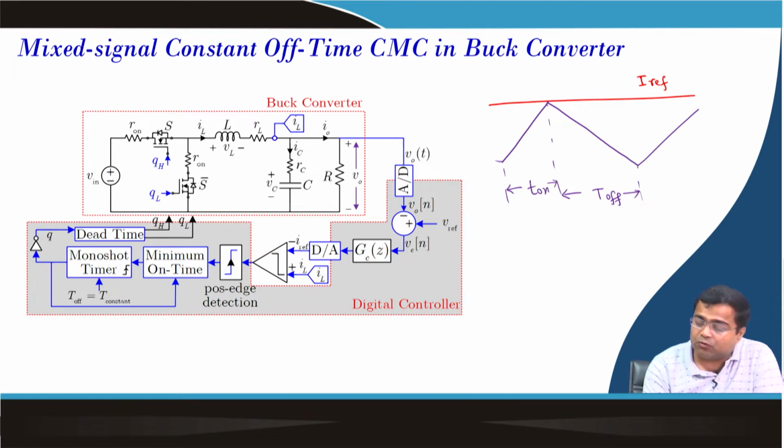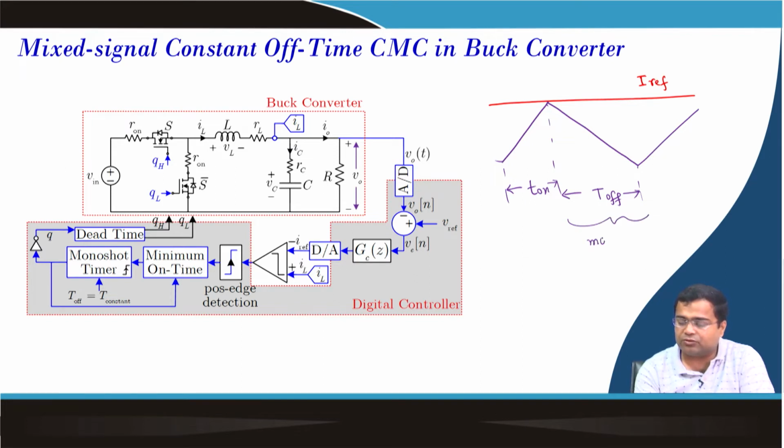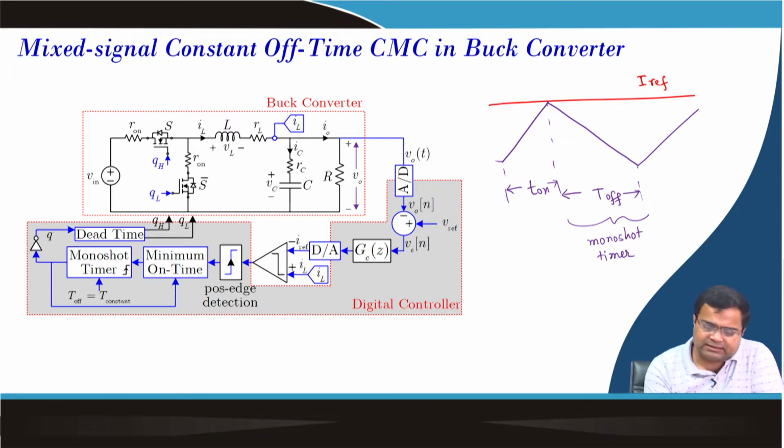Once you turn off the switch, it goes to the monoshot timer. Once the monoshot timer finishes counting, it turns the switch on, and again the current rises. When it hits the peak current limit, it turns off. This process continues, and all the implementation is the same: the ADC, DAC, controller, and the current loop, which is also analog.